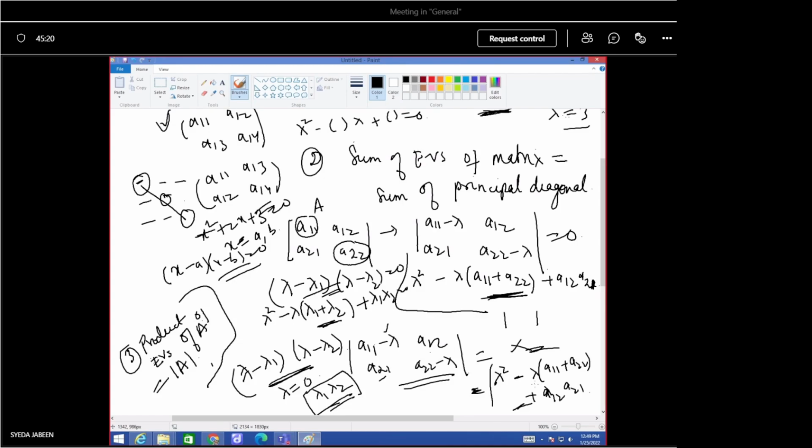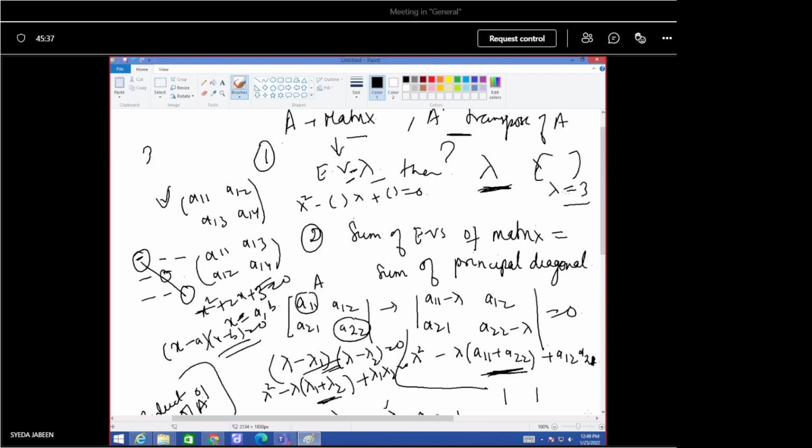If you take the determinant, you get some polynomial, and to get the roots of this polynomial you can expand it in factor form. When you take lambda as 0, this becomes the original determinant, and it is left with lambda 1 and lambda 2. And there is another property.